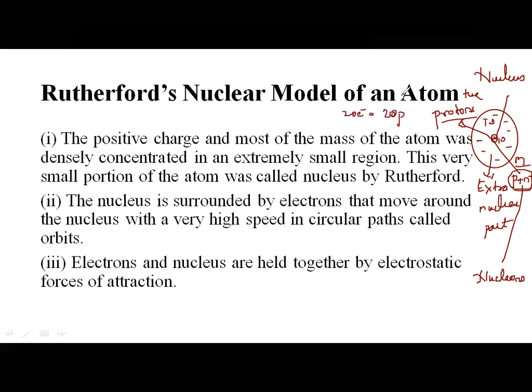Thus, the total positive charge of the nucleus is balanced by the total negative charge of the electrons. And these electrons were found to revolve. So if you consider this as an atom, and this is a nucleus, the electrons were present in the extranuclear region.